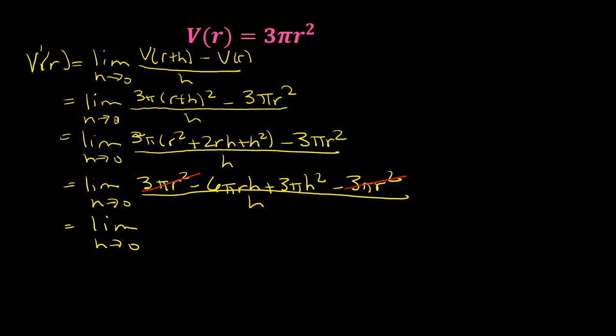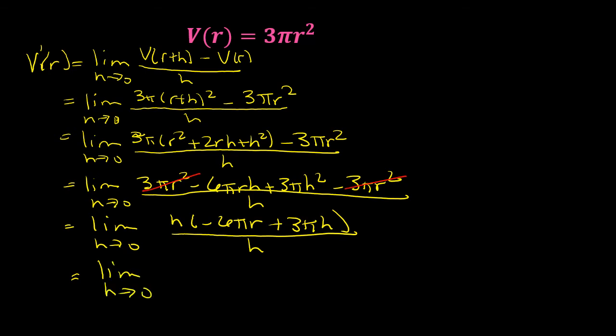At this point in the problem, you have a GCF, so I can substitute, or I can GCF out the h. And this is going to be the limit as h approaches 0. These h's cancel.